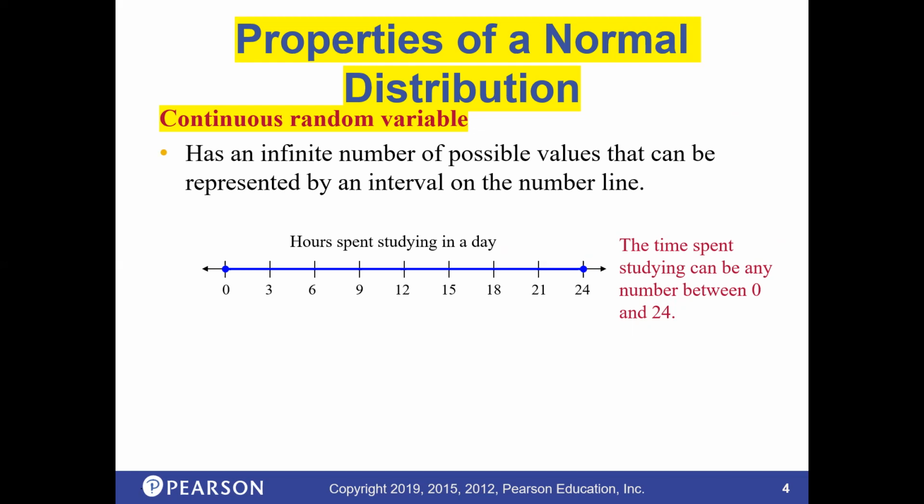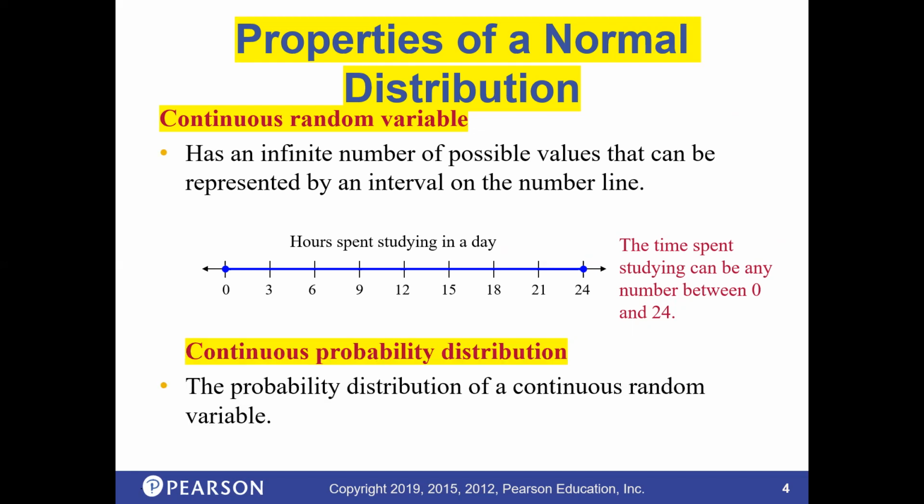Okay, so if we have a continuous random variable, we also want to do something called the continuous probability distribution, which means I'm going to figure out all the probabilities that are possible.